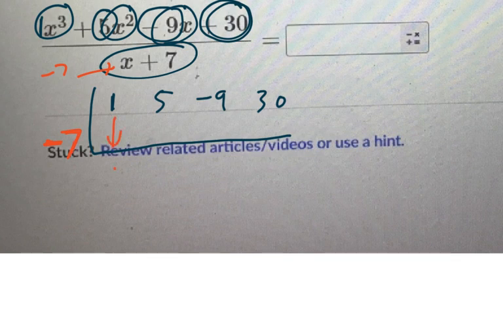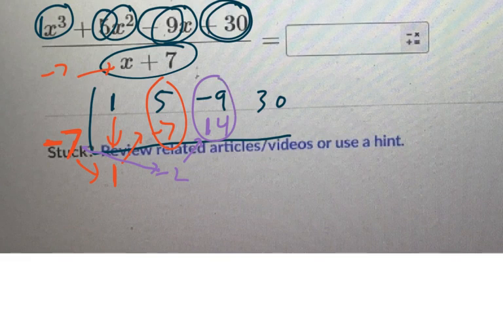First thing we do is bring down this 1. We times, we bring it up here, it's -7. What is 5 minus 7? Well, that's a -2. We times with a -7, we get 14, we bring it up here. What is 14 minus 9? 5.